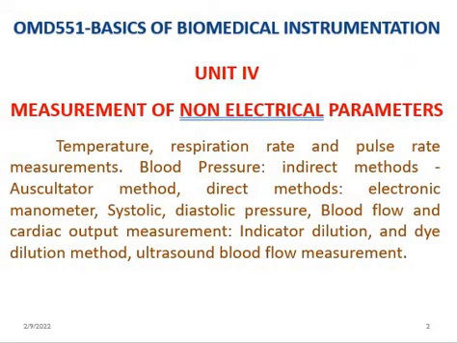Here there are two types: one is the indicator dilution method, and another one is the dye dilution method. Indicator dilution method and dye dilution method. One more method is ultrasonic blood flow measurement.